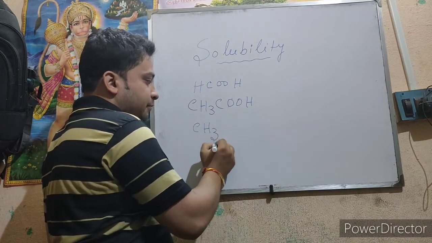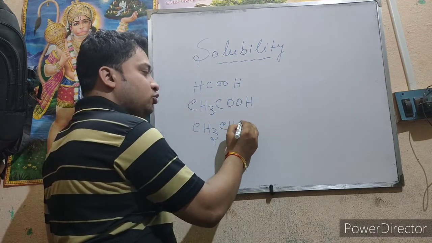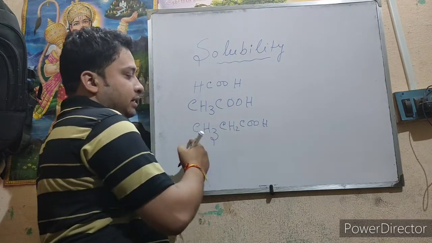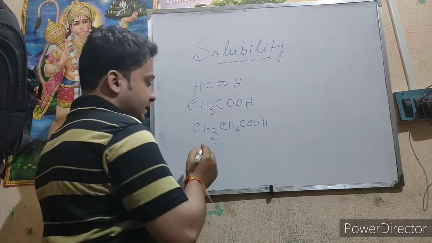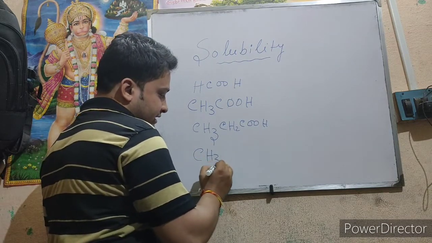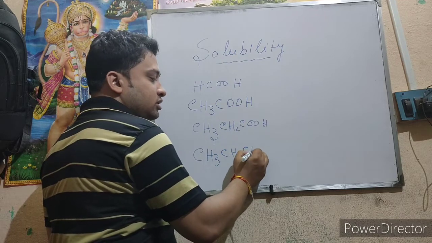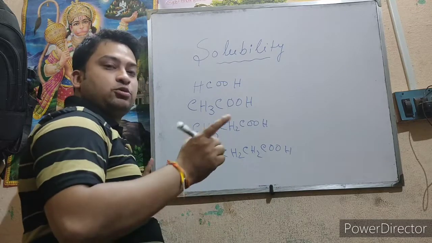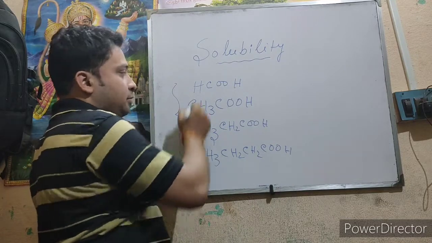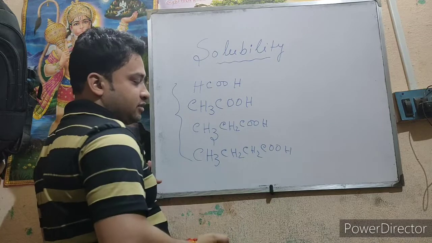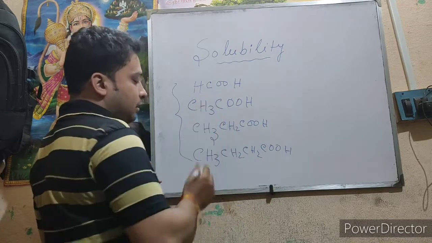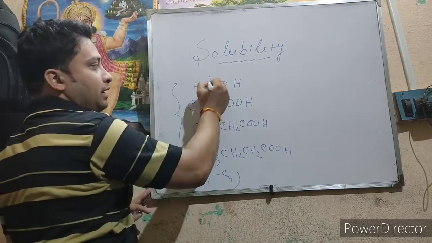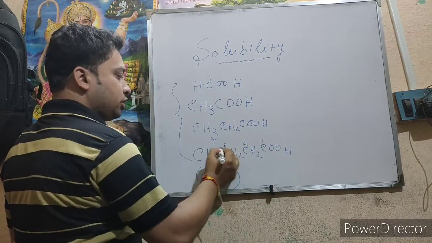After this you take CH3CH2COOH, this is propionic acid, as the carbon number is 3, and then you take CH3CH2CH2COOH, 1 2 3 4, this is butyric acid, as the number of carbons is 4.